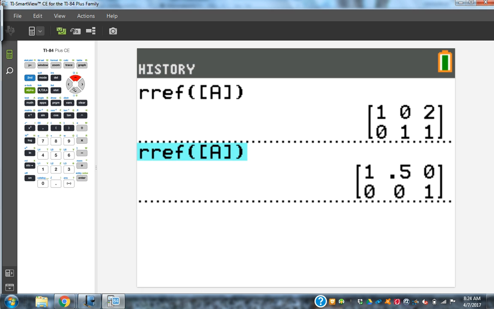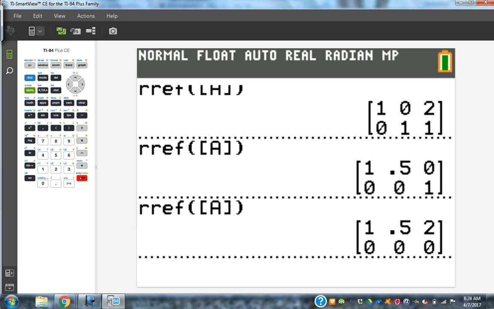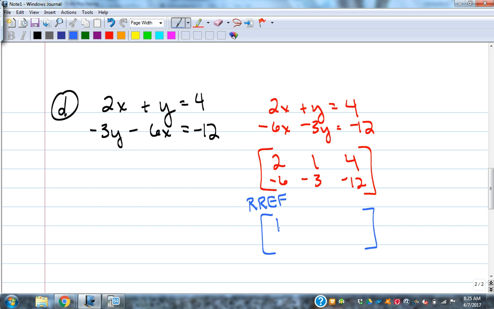And I'm going to run RREF for that matrix. And I get this kind of ugly thing here: 1, 1/2, and then positive 2, and 0, 0, 0. That bottom row, as Holly and Jordan were alluding to, means infinitely many solutions.